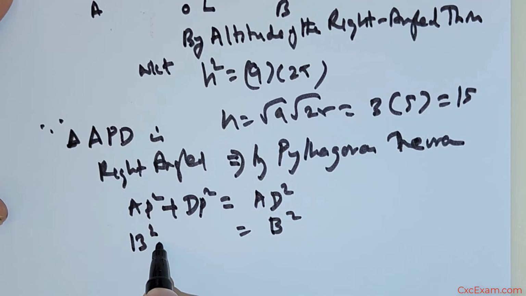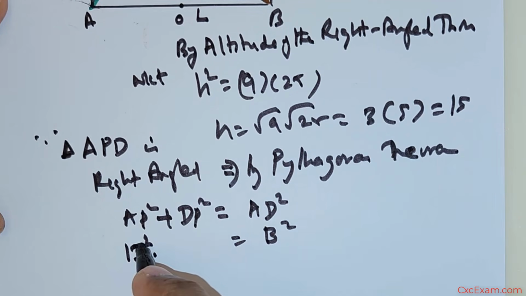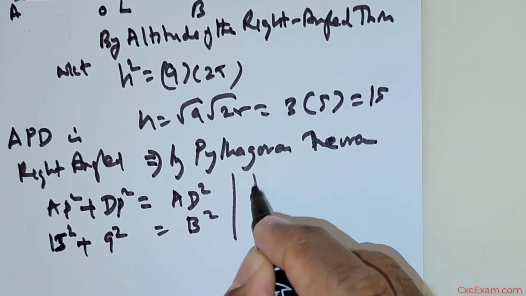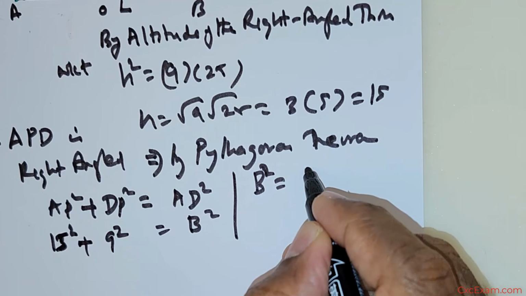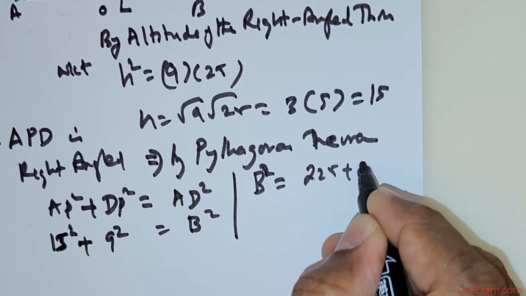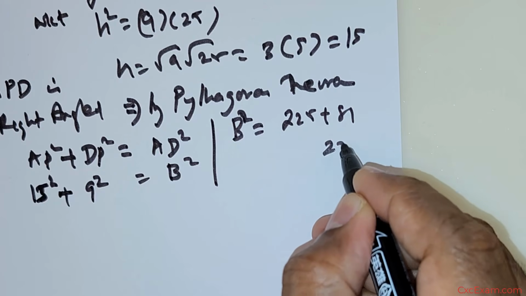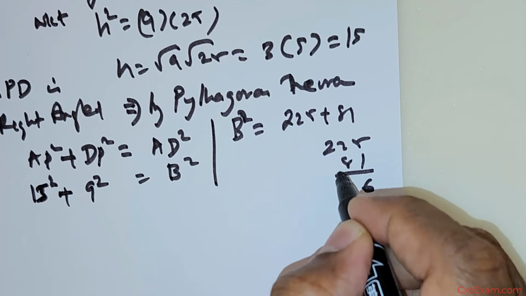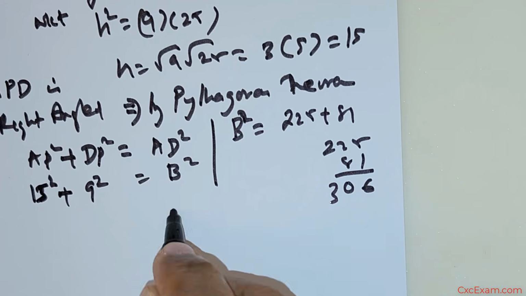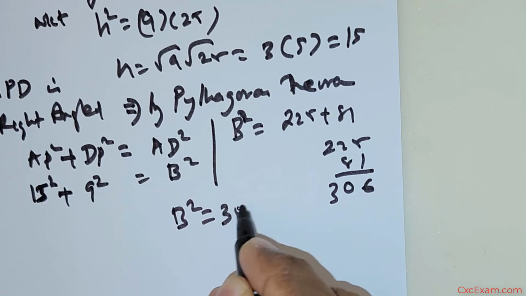AP is 15, right? It's 15 squared plus DP squared, and DP squared is 9 squared. So B squared is equal to 15 squared, 225, plus 81, which is 306. So B squared is 306.